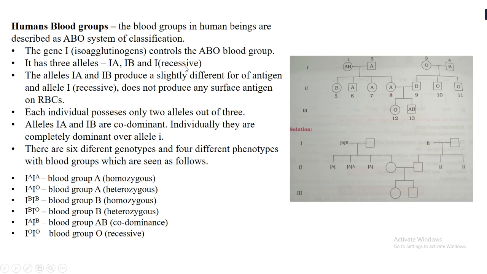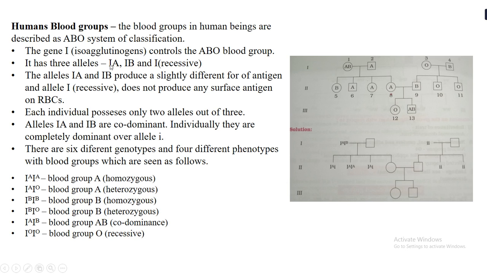Now the alleles IA and IB produce a slightly different form of antigen on the RBC of your blood, whereas the recessive allele I does not produce any surface antigen on the RBC, and that is how they are differentiated as dominant and recessive ones.